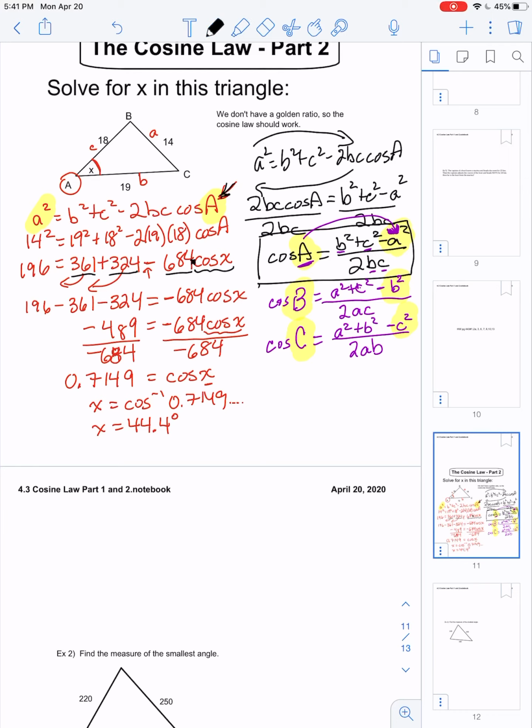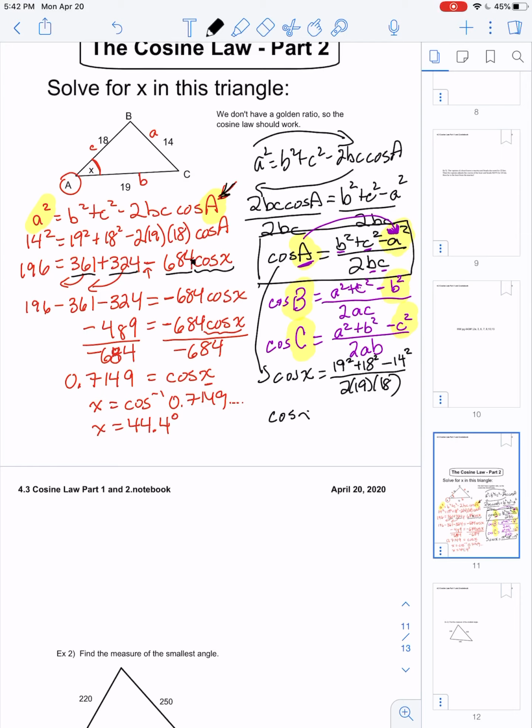Okay, so if I just go back now to here, bring this back down here, cos, angle A, we're calling x, it's b squared, which is 19, plus c squared, which is 18 squared, minus a squared, which is 14 squared, all over 2 times 19 times 18.